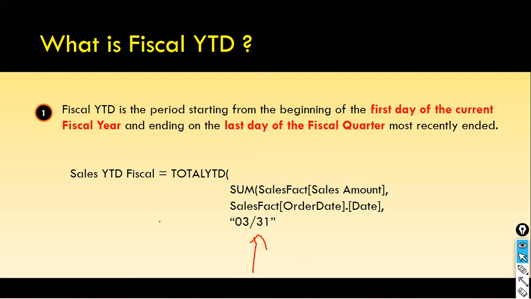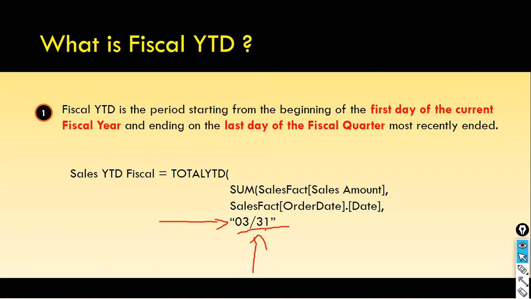In that case, you can specify your financial year end date as the last argument of your TOTALYTD function. It automatically takes care of the cumulative total, based on the financial year that you mentioned here.